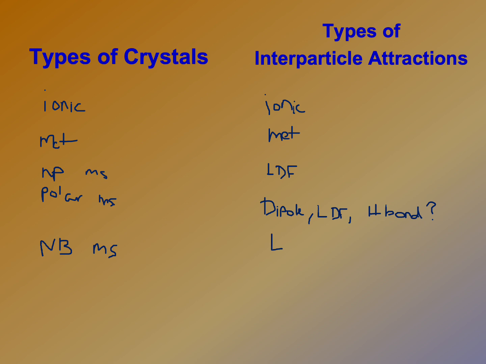These only have those London dispersion forces. And then if we have our network solids, remember, are held together by a bunch of covalent bonds. So that should help you address some of the things you're going to see on the crystal types worksheet, and we will review a little bit of this in class as well.